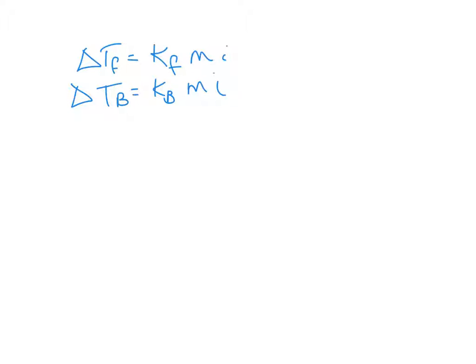So again, we have our two equations, delta TF equals KF, so the constant times the molality times I, or delta TB equals KB times the molality times I. So I is this little Van't Hoff factor, and this looks at if the particles dissociate.